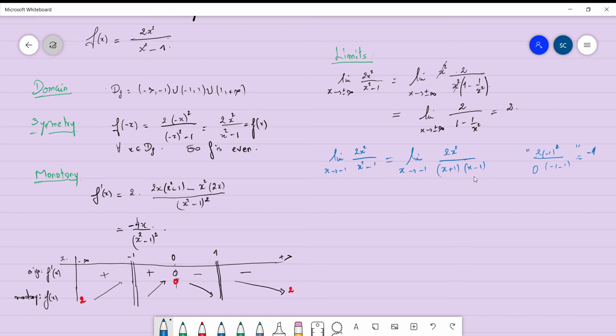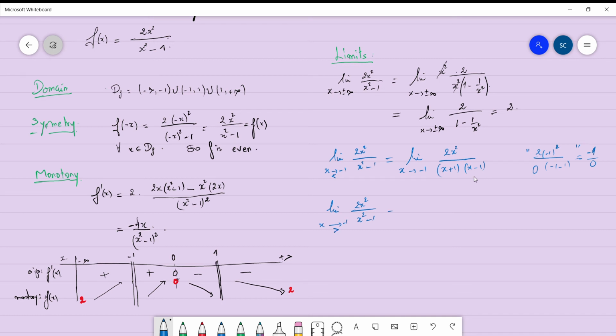You cannot conclude yet because you need to decide whether it's a 0 plus or 0 minus. That's why you need to specify that you are taking the limit to the left. Then you need to compute the limit to the right separately so that you can conclude about the behavior.